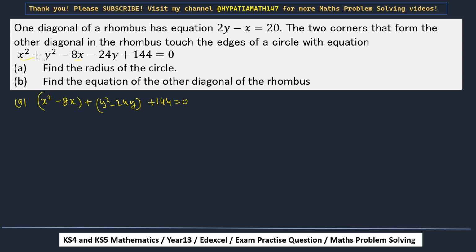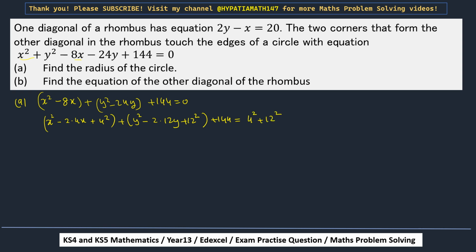So this can be written as x squared minus 2 times 4x plus 4 squared, and then plus y squared minus 2 times 12y plus 12 squared, plus 144. And because I've added 12 squared and 4 squared, I need to add it on the right side as well, so that they cancel out. So plus 4 squared plus 12 squared.